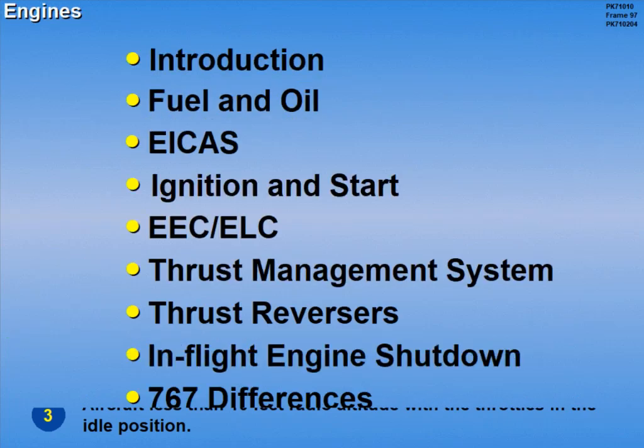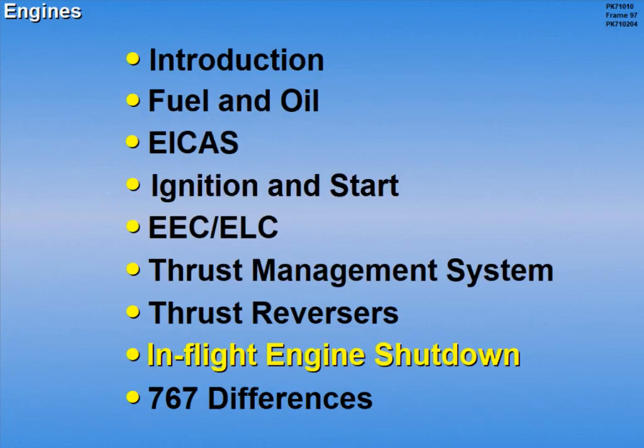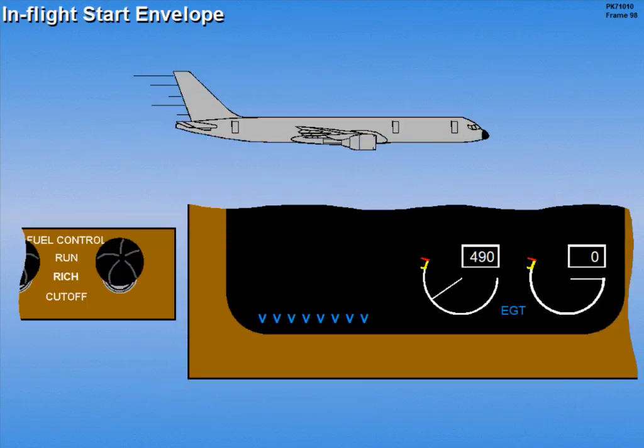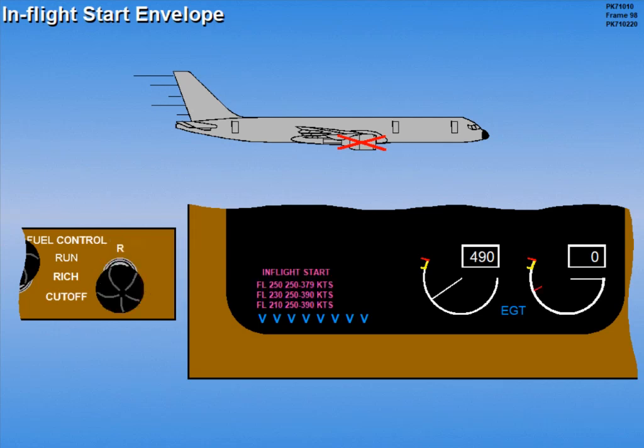Now let's look at in-flight engine shutdown. With an engine shut down in flight, selecting the fuel control switch to cut off causes the in-flight start envelope and start reference cursors to appear on ICAS.